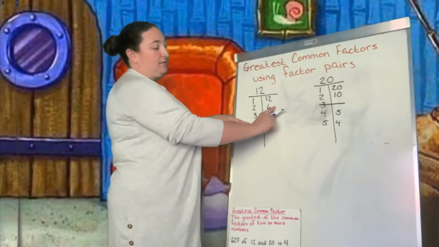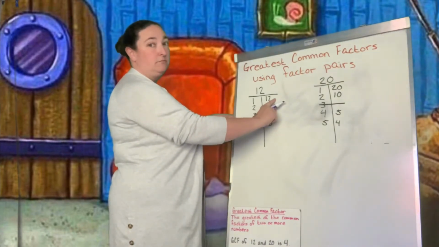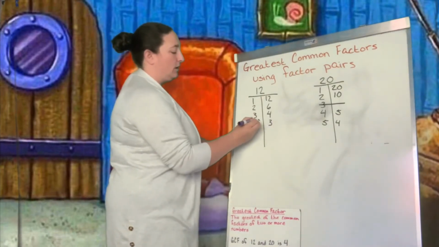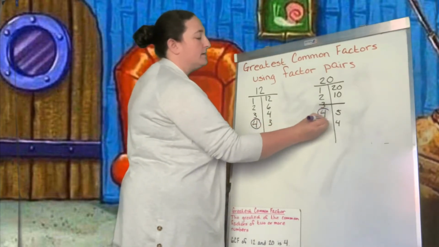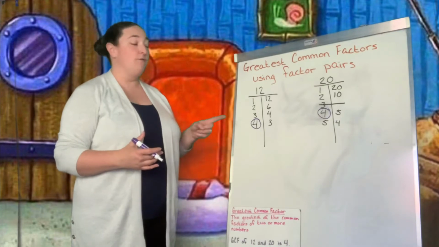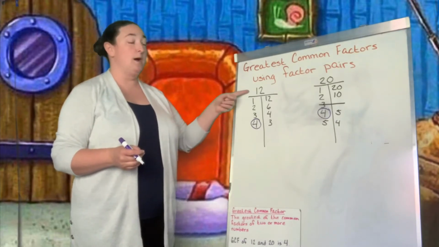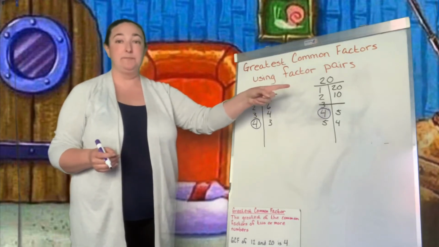Do both lists have 6? No. Do both lists have 12? No. So 4 is the biggest number in both. 4 is the greatest common factor for 12 and 20.